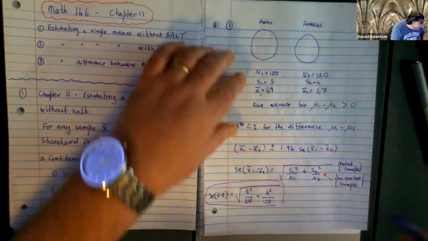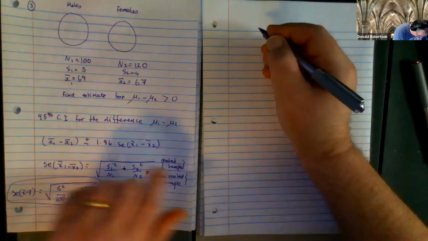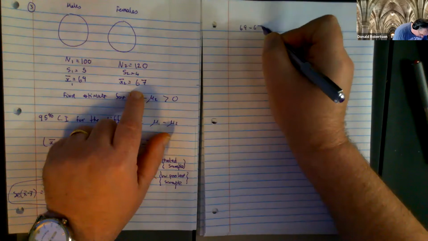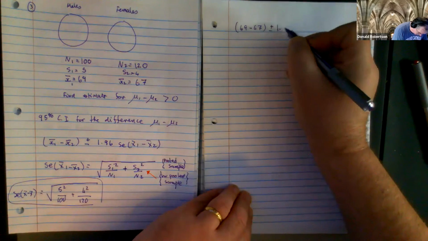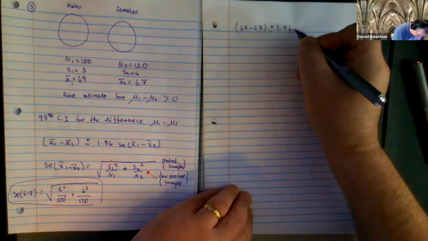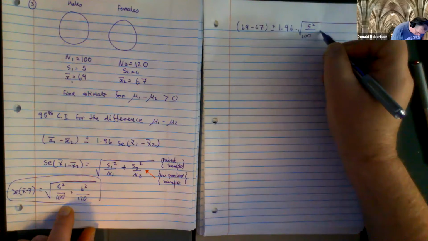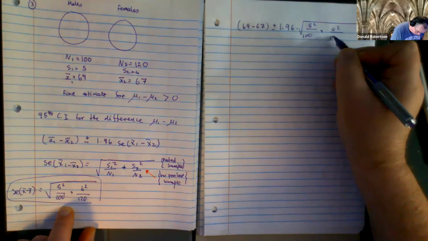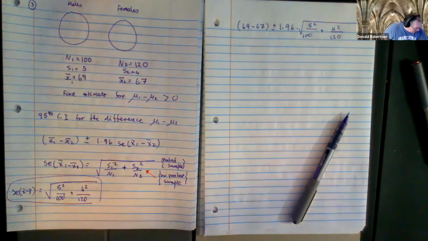Okay, let's put that package together then. 69 take away 67 plus or minus 1.96 times that guy: 5 squared over 100 plus 4 squared over 120. Right, I'm about to do this on the calculator.